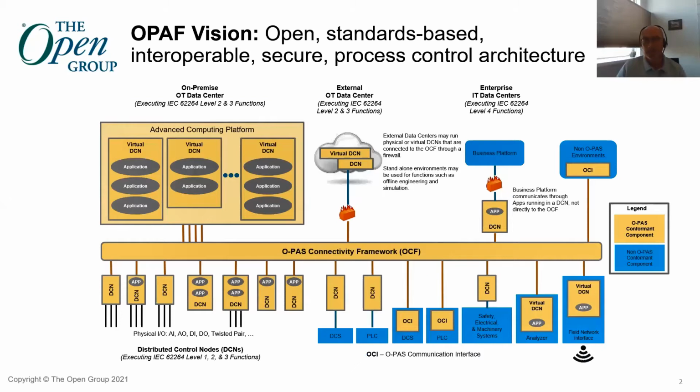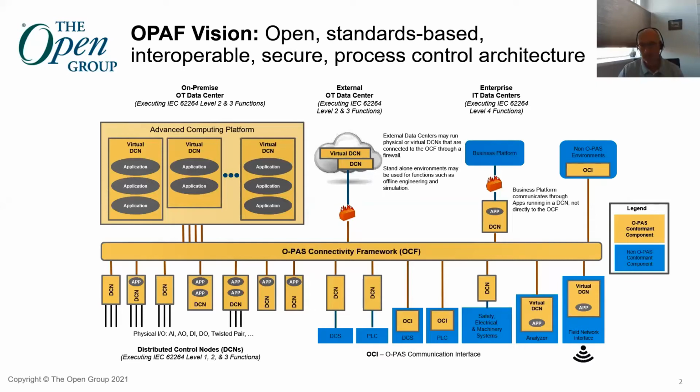But before I do that, I think it's important to share this with you one more time. I'm sure you've seen this quite a few times, but just for your information, I'd like to share the OPAF vision, the architecture vision we have for an open standards-based and interoperable secure system. As you can see on the architecture slide, there are yellow and blue elements. The yellow elements are the new elements, which will evolve out of the open process automation standard.